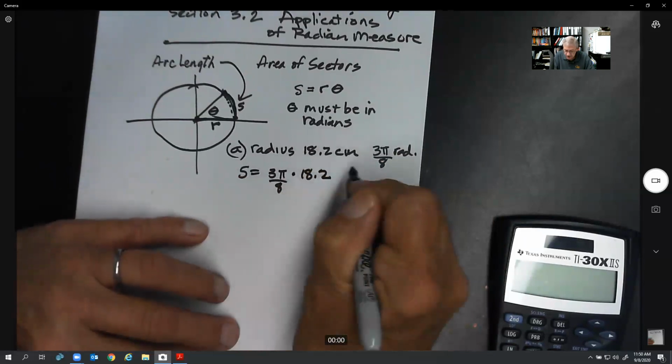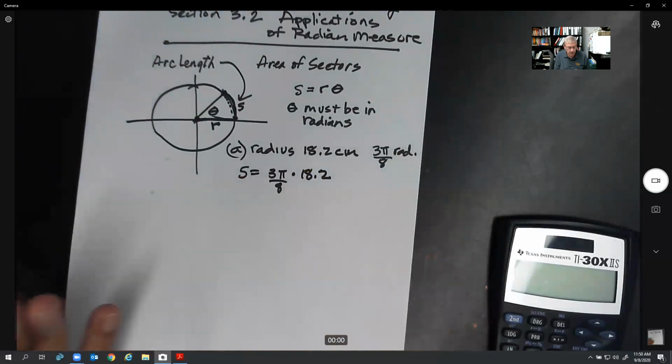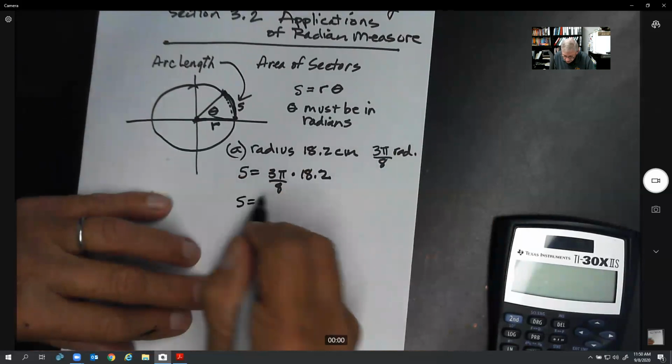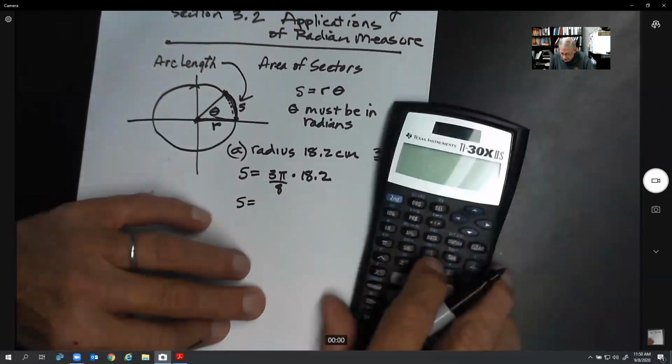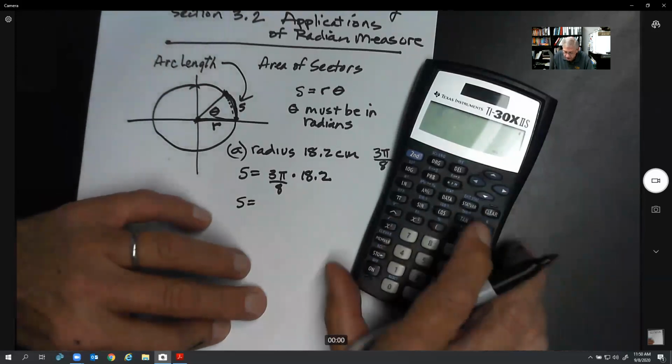18.2 centimeters. In this case, we're going to use pi as 3.14 and just calculate this out, or we can use our pi key, which is probably a little easier. Let's turn on our calculator and clear it all out.